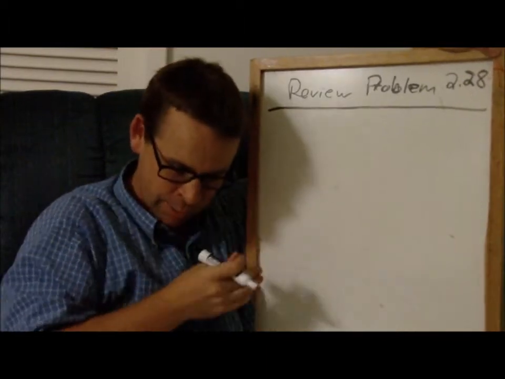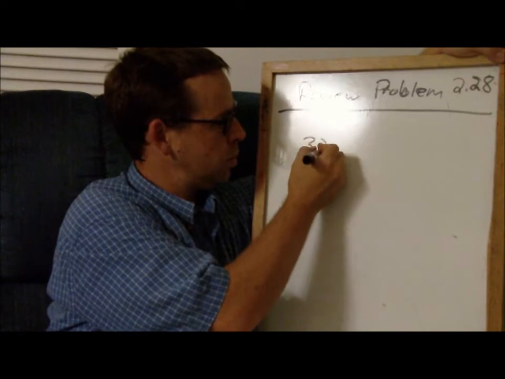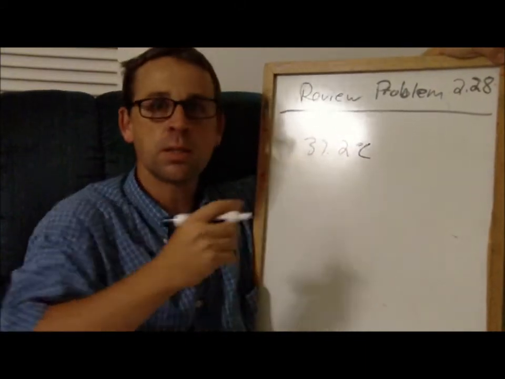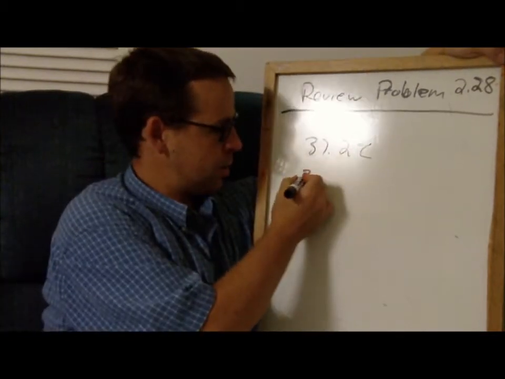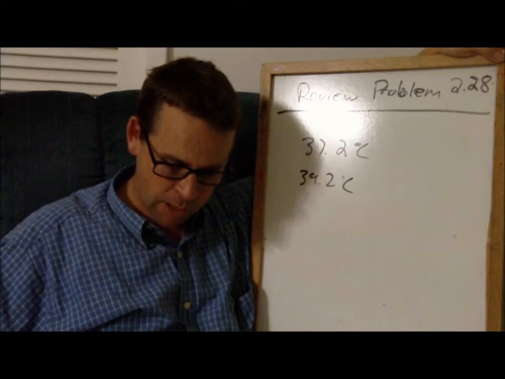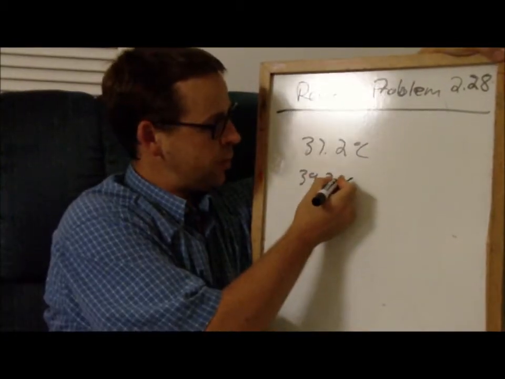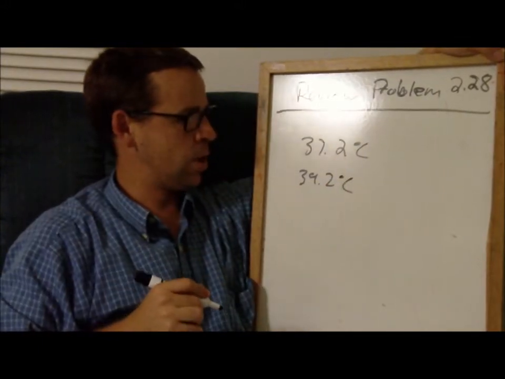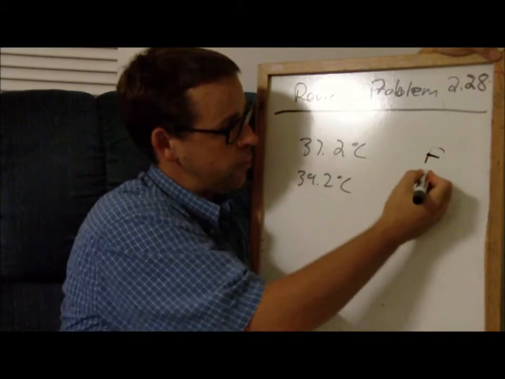A healthy dog has a temperature range of 37.2 degrees Celsius to 39.2 degrees Celsius. Is 103.5 within the normal range? All right, so the dog comes in, has a fever, and we want to know if it's dangerous or not. We want to know what the range is in Fahrenheit.